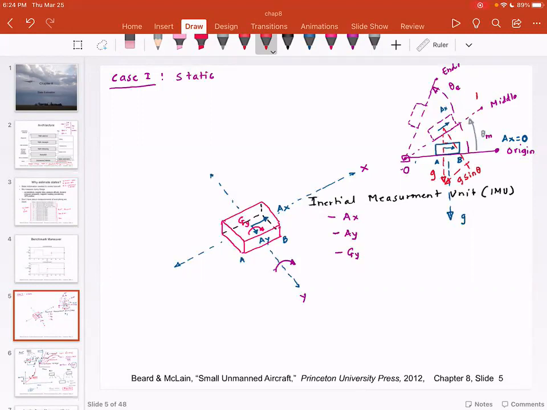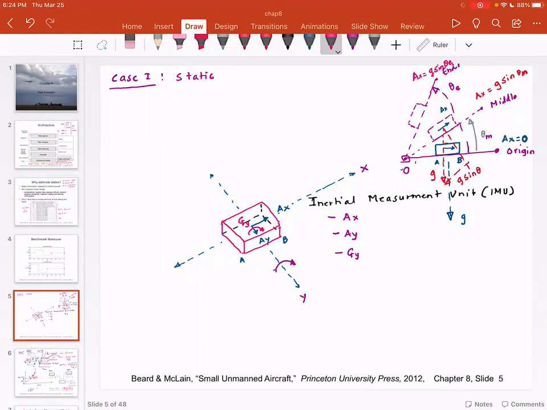So AX would measure G sine of theta M. Then at this location, AX would measure G sine of theta E. Any questions here? And clearly at origin, theta is 0. So sine theta is 0.